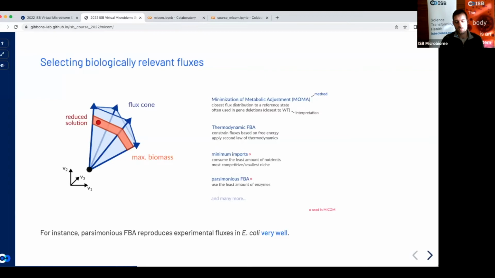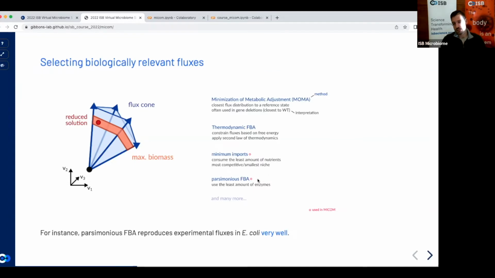One such solution is to minimize the imports into a system. Since the microbiome can be a highly competitive environment, this is biologically intuitive, since the most successful residents of the microbiome will not be relying on importing lots and lots of different metabolites in order to survive. Rather, they're able to subsist on a smaller subset.